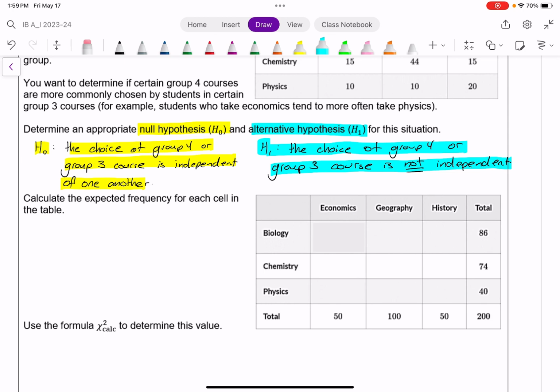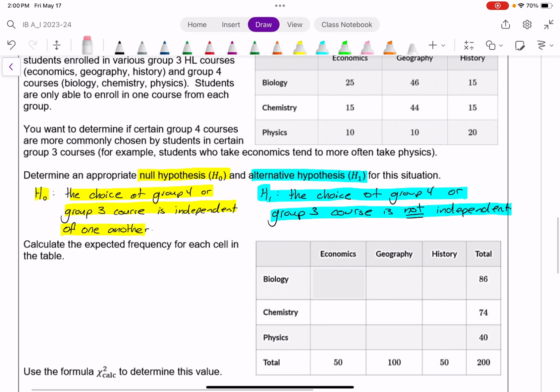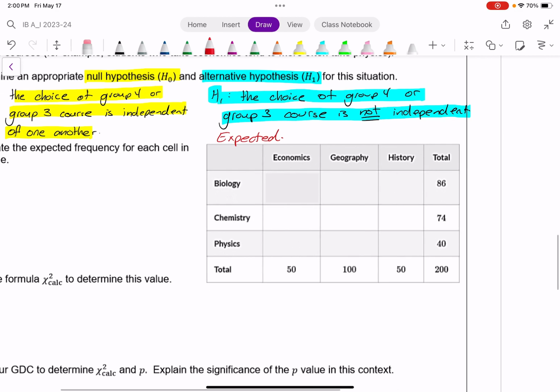All right, so this is the data we have, and we call this the observed data. It's hard to tell by looking at this if there are any signs of dependency here. So what we want to do now is make a new table of the expected values. The expected values are the values we'd have if there is no dependency between these courses.